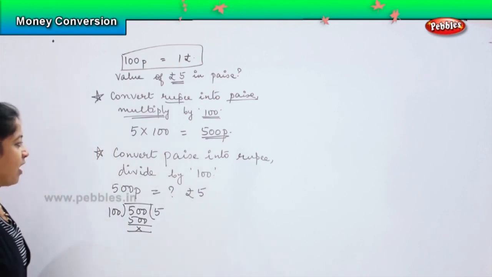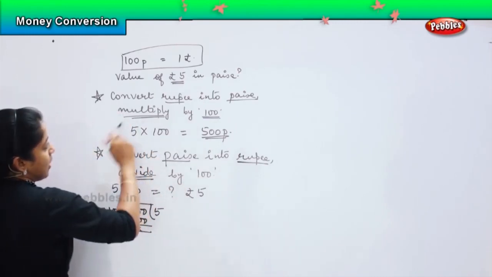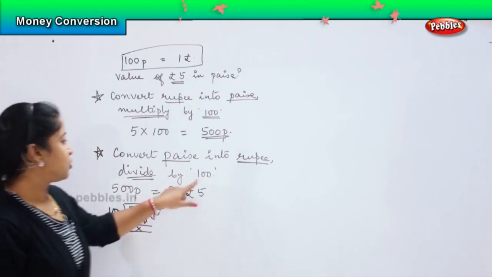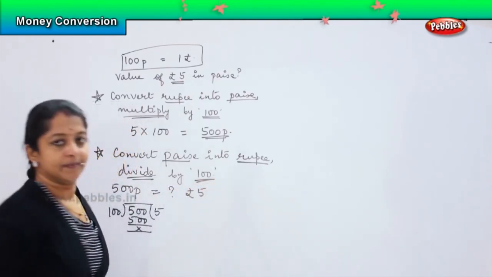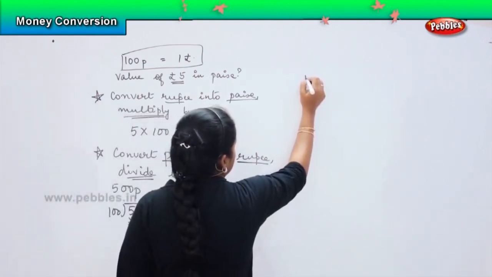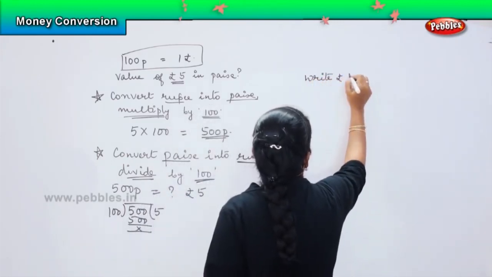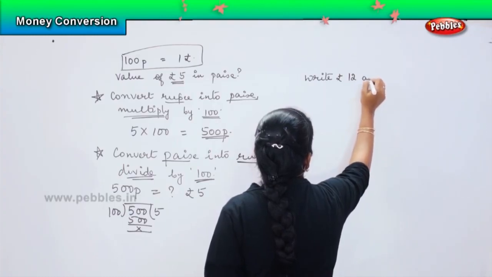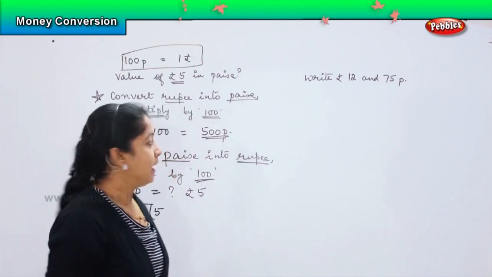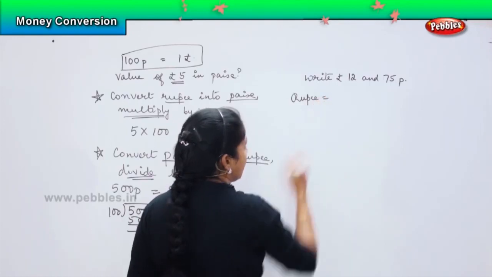Okay. So if you have to convert paise into rupee, you need to divide, and if you have to convert rupee into paise, you need to multiply, and in both the cases you will be doing it with 100 only. For example, if I have to write rupee 12 and 75 paise in rupee form, how will I write?